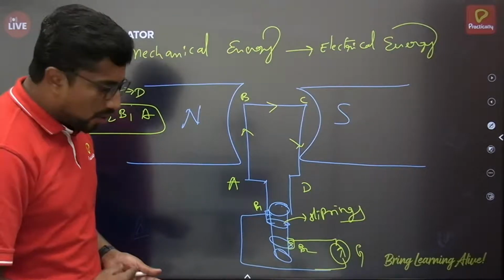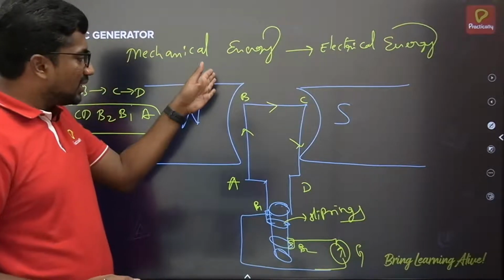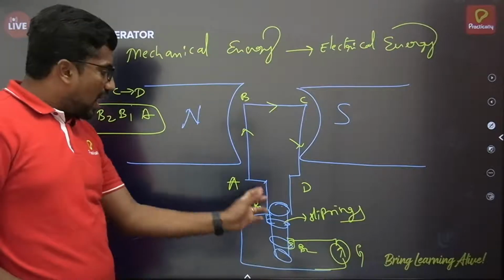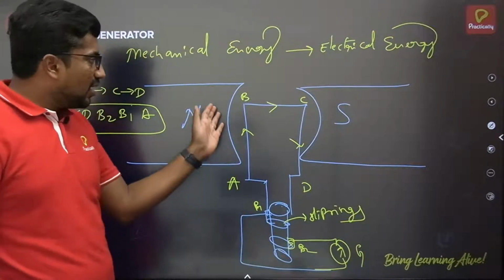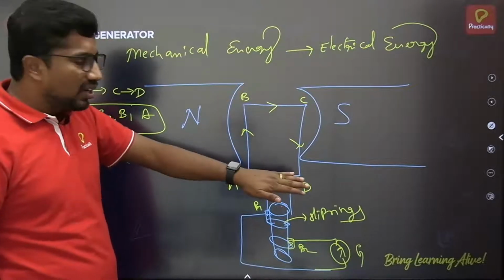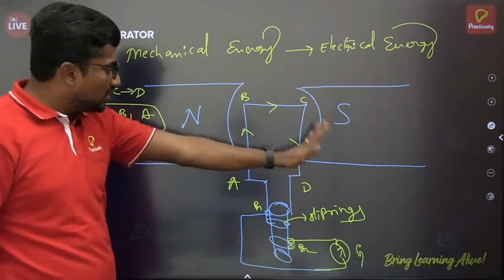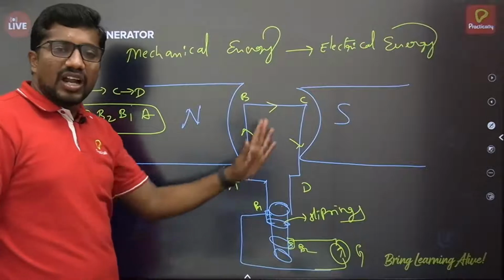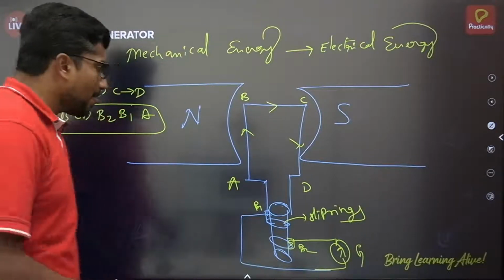Now AB comes upward and CD downward. In the remaining half rotation, AB comes downward and CD comes to this side. Now how will the direction of current be? It's very simple.